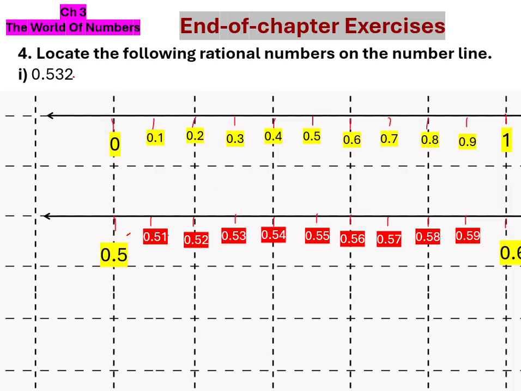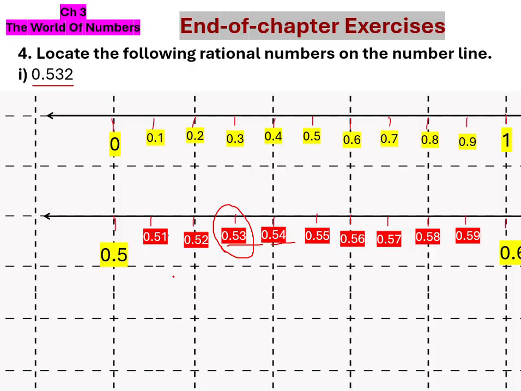So where is 0.53? This is our 0.53. We have to represent 0.532. It means 0.532 is greater than 0.53 and less than 0.54. So 0.532 will be somewhere between 0.53 and 0.54.